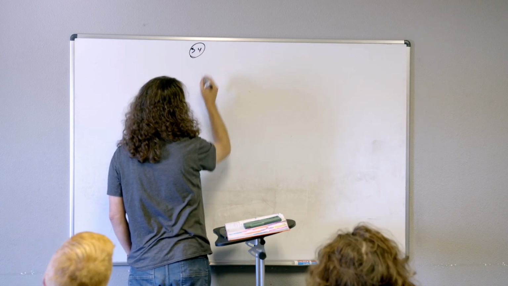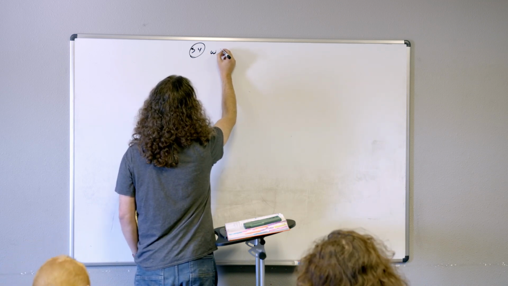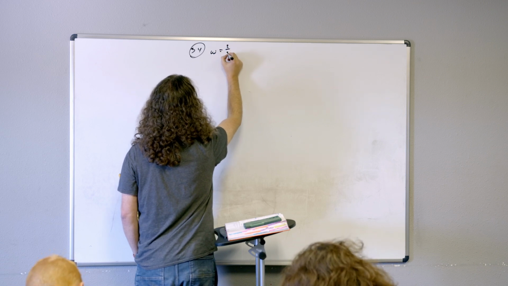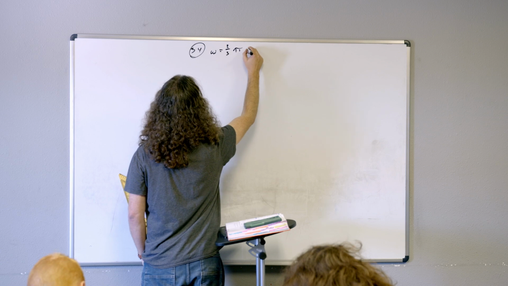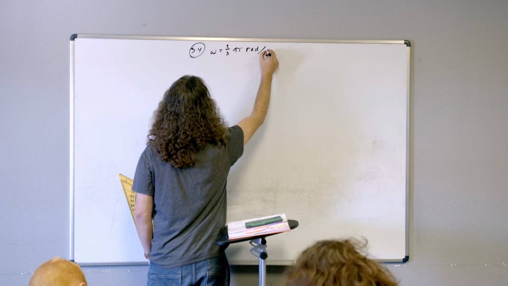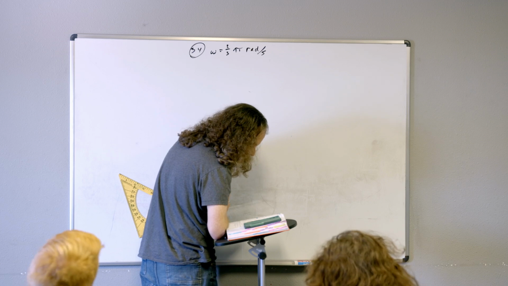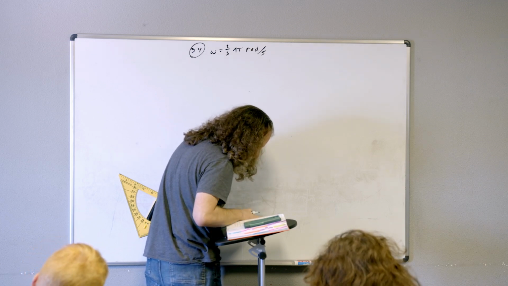Why not? 34, we are given angular momentum equals. Do you know what the omega is? It's 2/3 pi radians per second. And we want to convert that. What does it say?